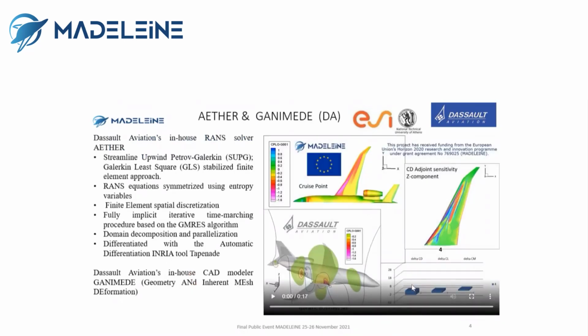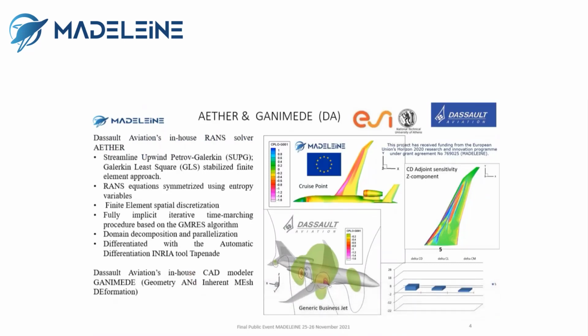At Dassault, we have the CFD solver Aether. Aether is based on a Galerkin least squares approach. You can also say Petrov-Galerkin, streamline upwind. Aether is able to solve a lot of equations, but we will focus here on the RANS equations, Reynolds-averaged Navier-Stokes.